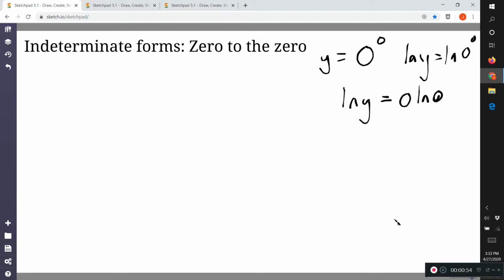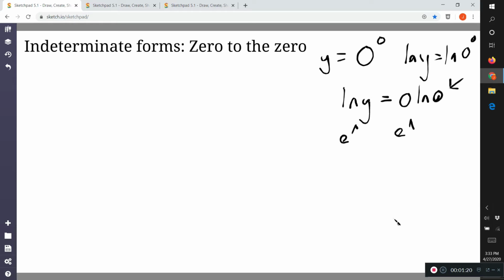Now, we're going to use this approach to establish something that we can work out the value of, and then we're going to have to remember that to solve this, we're going to have to take e to the power of each side. So that's our general approach. For every exponential issue, this is our strategy.